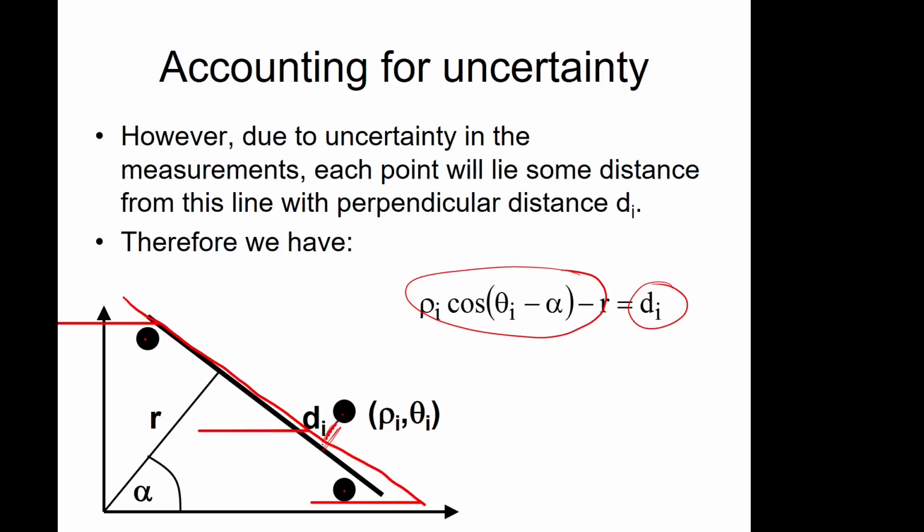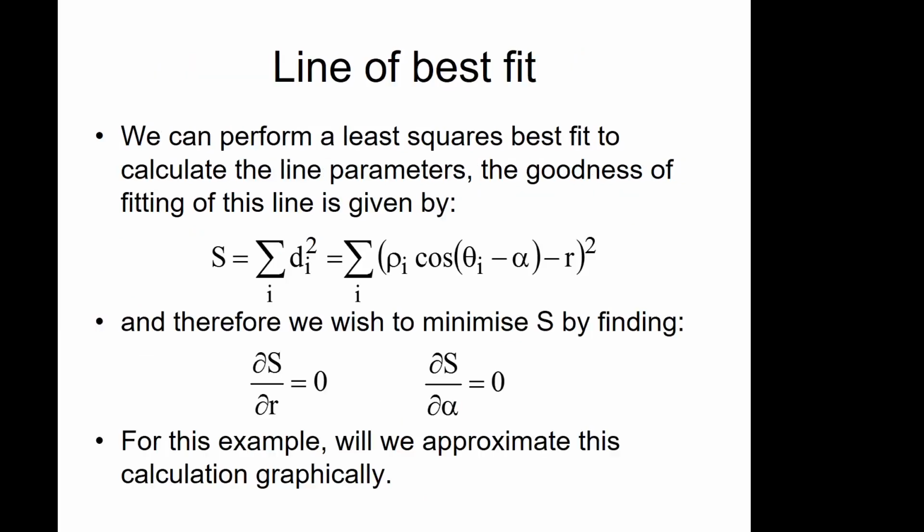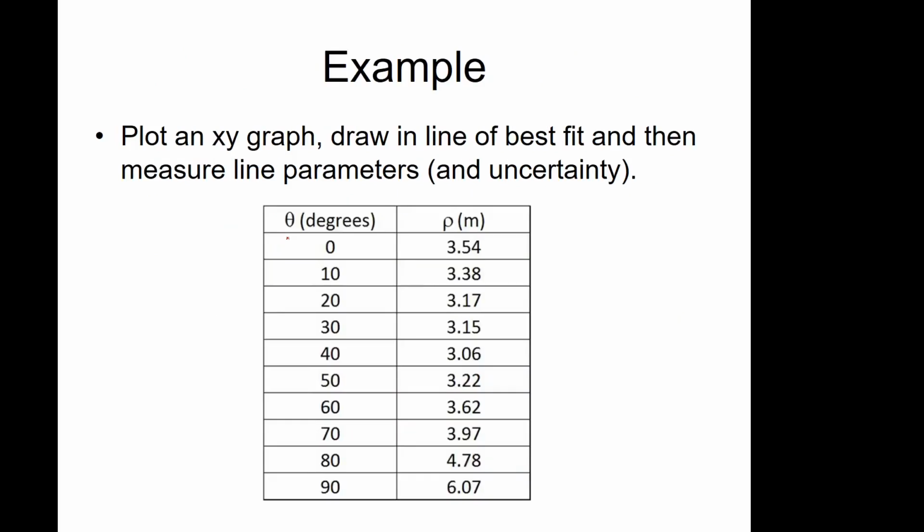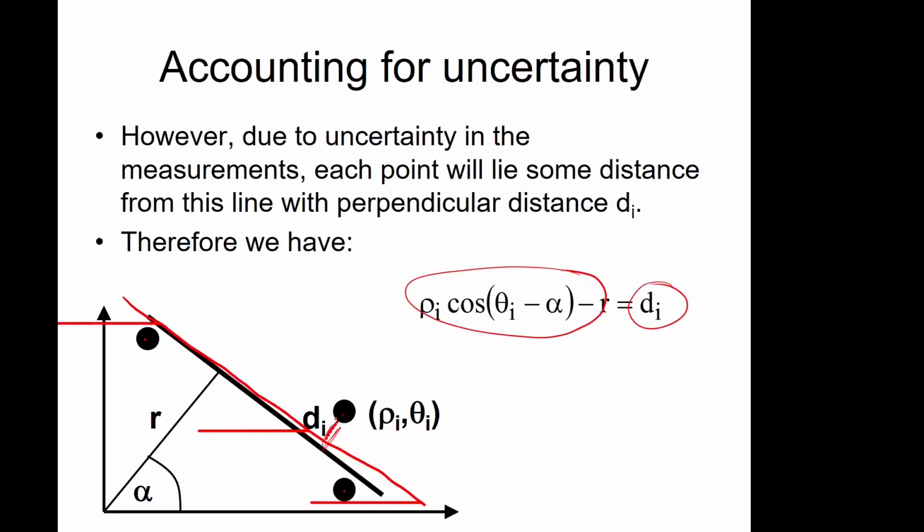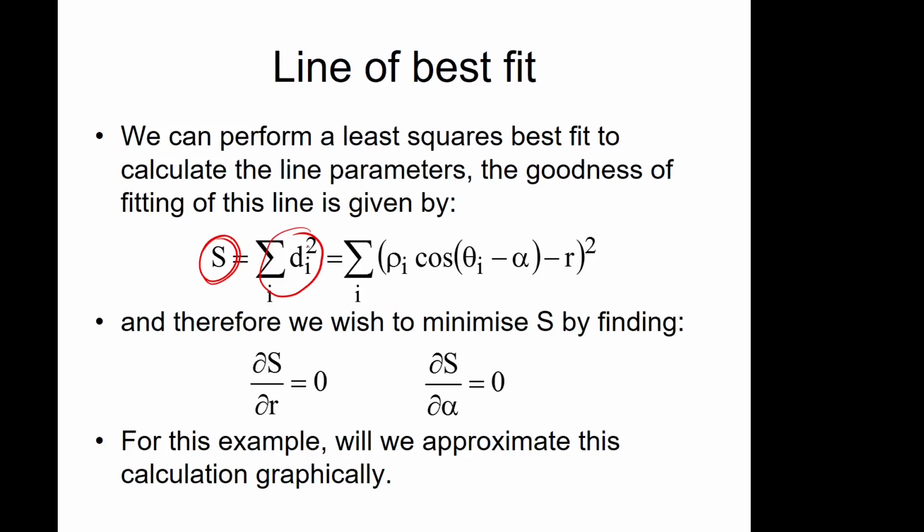In order to find the best straight line through that, what we can do is define a function s, where s is the sum of all these errors squared. So if we put our formula in, it comes out to be that.